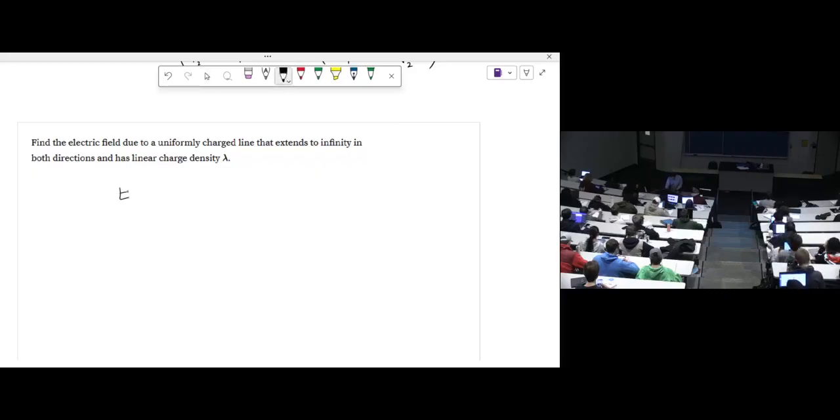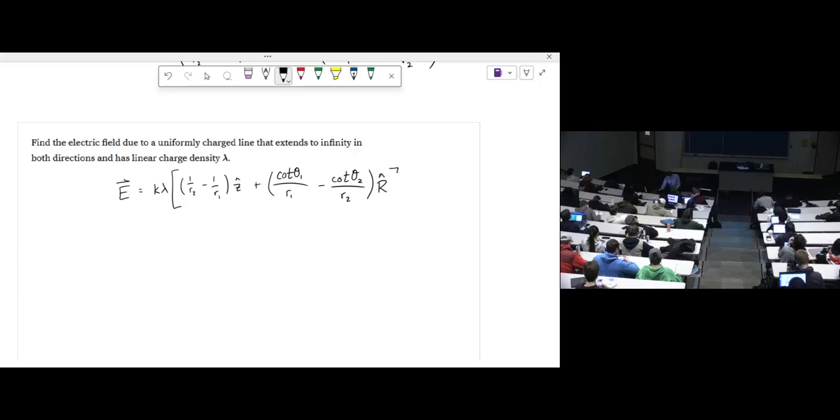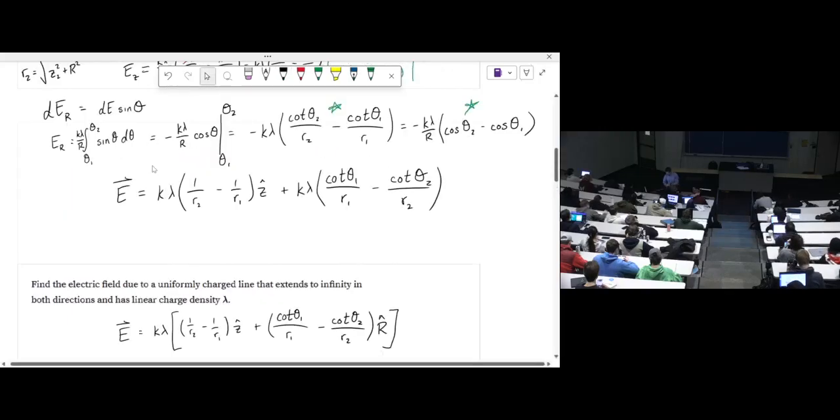And we just said that for any line we get E is going to be k lambda times 1 over R2 minus 1 over R1 times z hat, plus cotangent of theta 1 over R1 minus cotangent of theta 2 over R2 times big R hat, which I think I might have left off up here. I did.